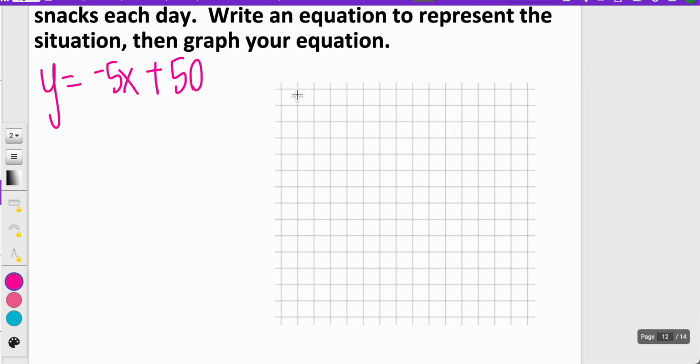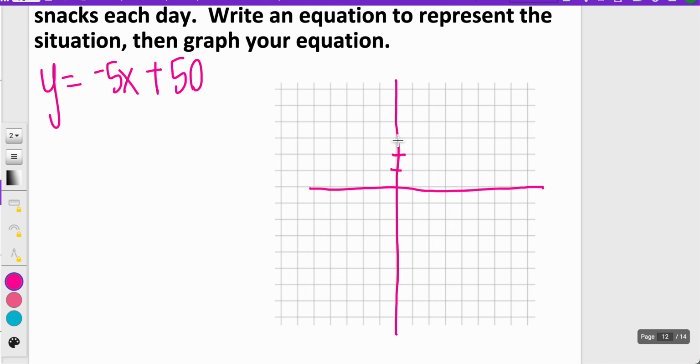Since we're going to have to show a negative value, I'm going to do quadrant 4. Or no, I could still do a full quadrant. Let's do this, okay? Because I'm needing $50.